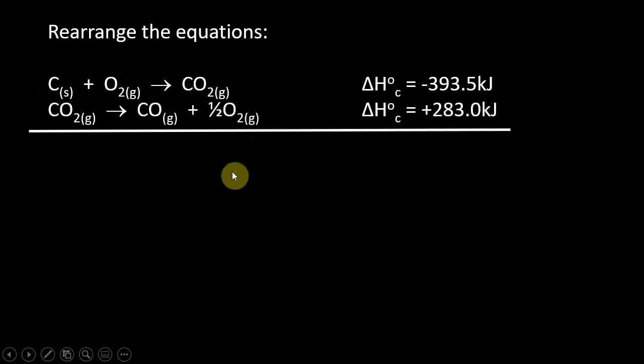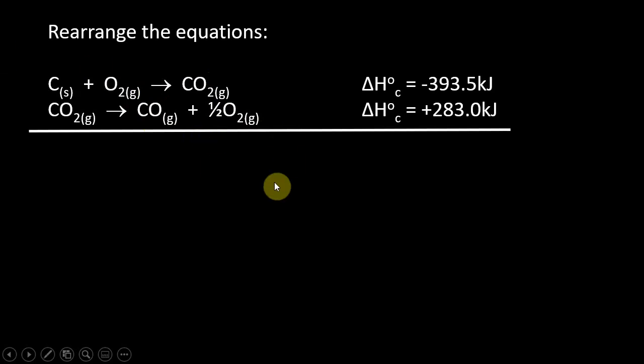The second equation, if we take that and reverse it, that gives us carbon dioxide on the reactant side, which will then cancel with the carbon dioxide on the product side in the previous one. And it will give us carbon monoxide on the product side, which is what we want. This half oxygen here will probably cancel with some of this oxygen here, and we will probably be set.